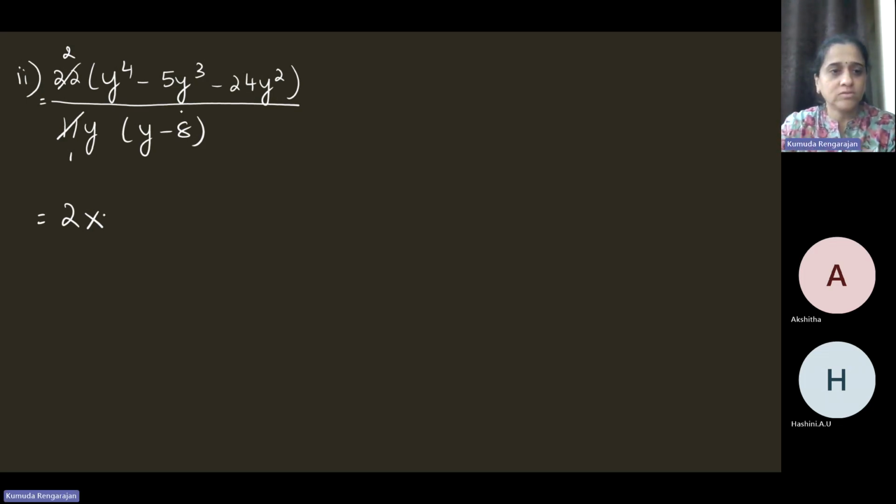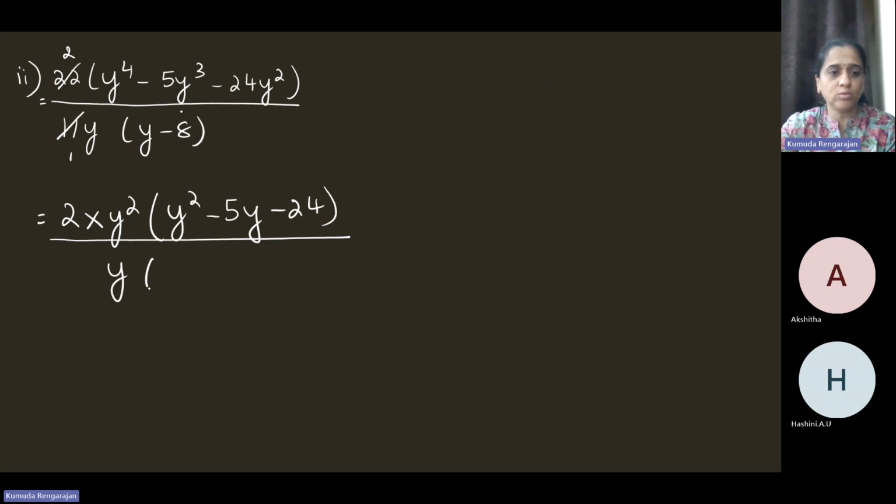Okay, see here. So 2 into what's common? y squared. So y squared minus 5y minus 24 divided by y into y minus 8.